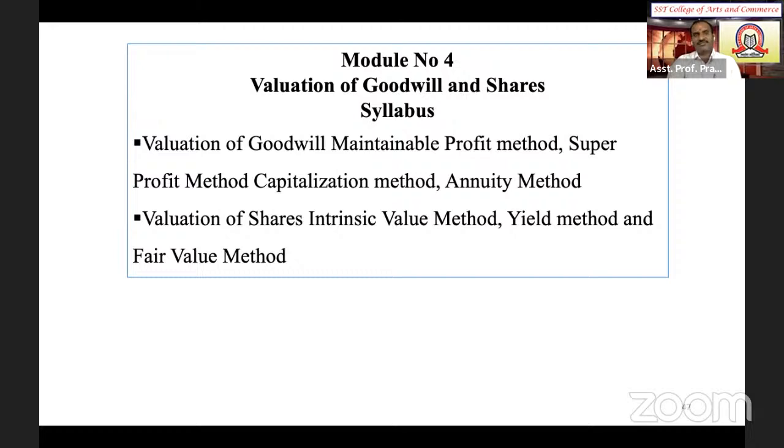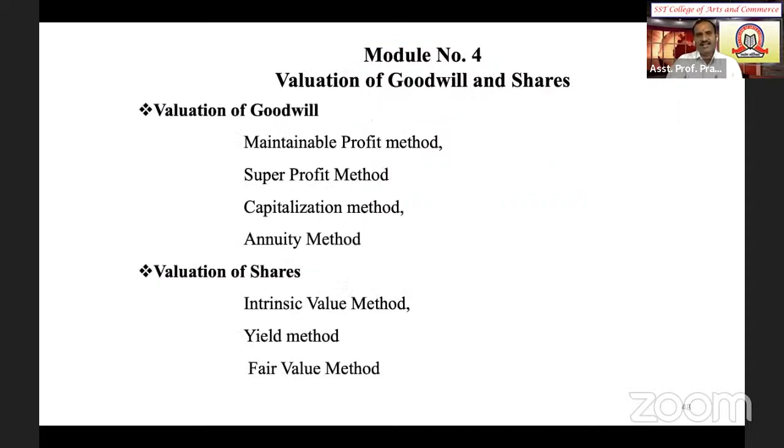This topic, my dear student, is totally based on formulas. So if you follow these steps, follow the methods, including the formulas, you can always easily find out the value of goodwill and the value of shares. Here, for valuation of goodwill, as per your syllabus, you have the future maintainable profit method, super profit method, and capitalization method.